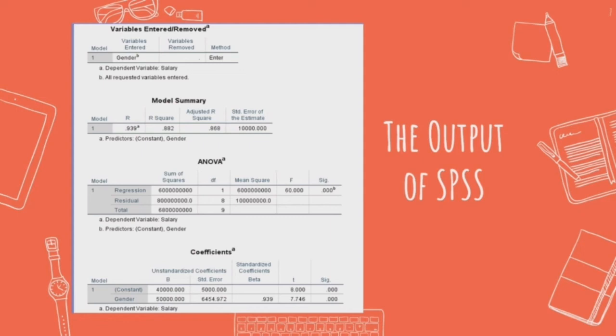The mean square is the same, 6 billion, the F is 60,000, and the SIG value is 0.000.